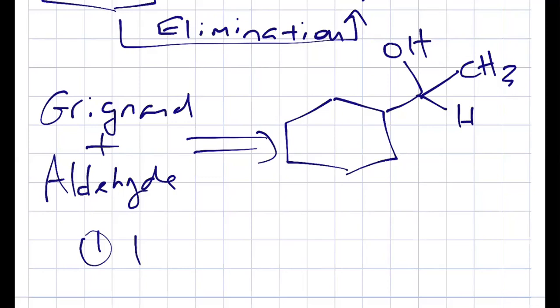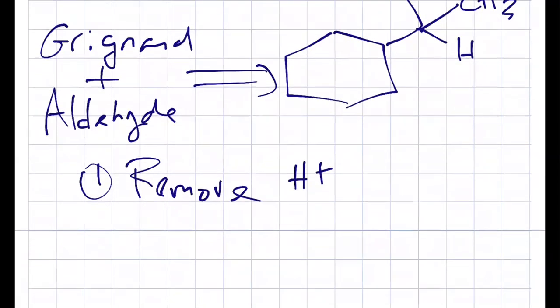So the first thing is remove H plus from that Grignard product. Handwriting, boy, I tell you. I need a handwriting coach. Remove H plus. Second thing you want to do is reform the pi bond.